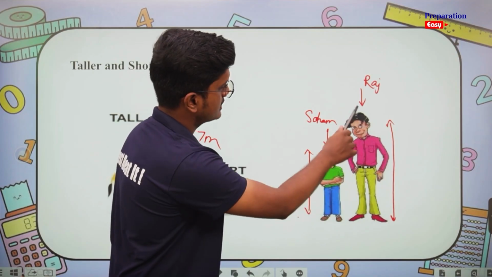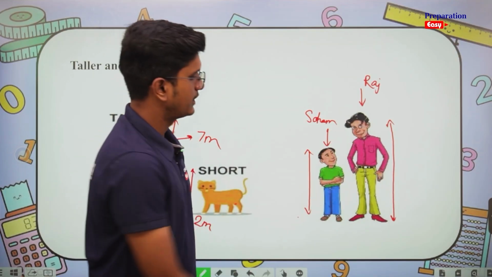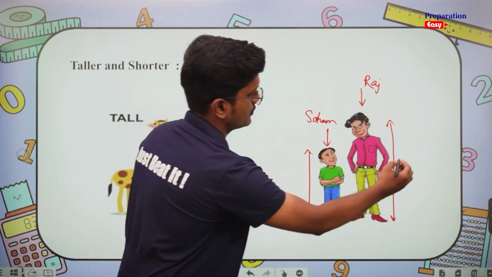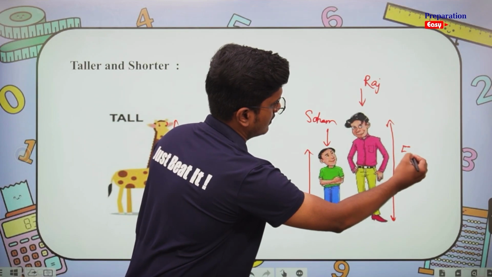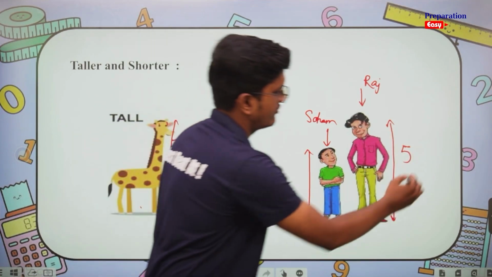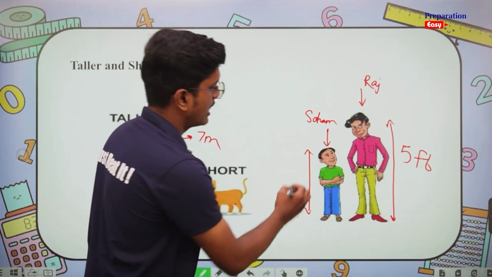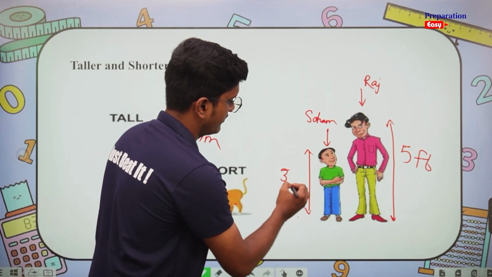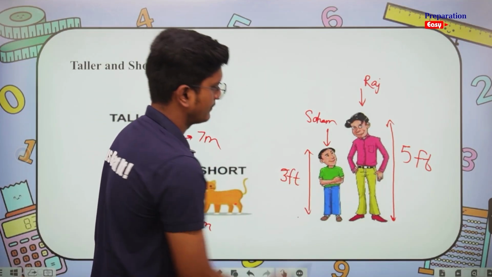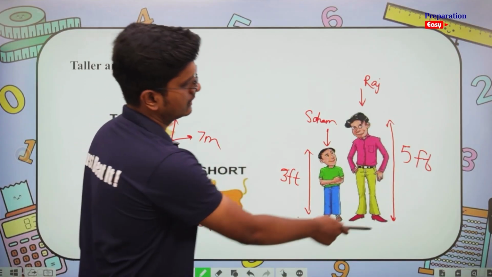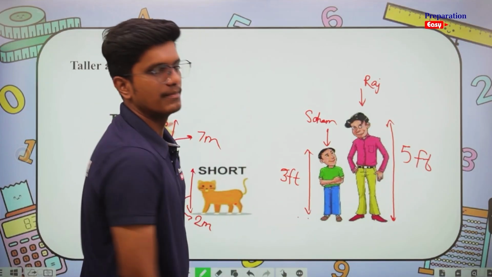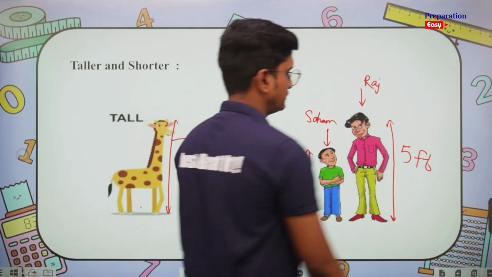Raj is much taller than Soham. Assuming that Raj has 5 feet of height and Soham has 3 feet of height, Raj and Soham each have some kind of length.